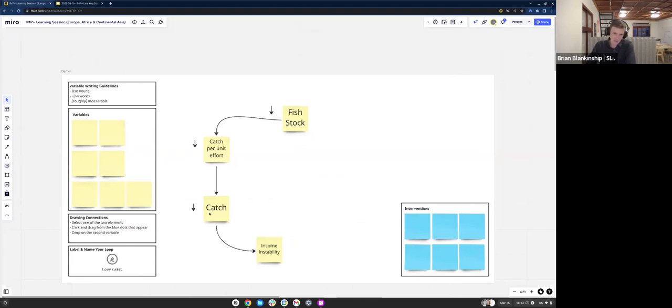So down and up. These two move in opposite directions. So even though income instability is going up, because the two things move in opposite directions, that reflects the fact that I have a negative causality. They move in opposite directions. So I use this dashed line to represent that.